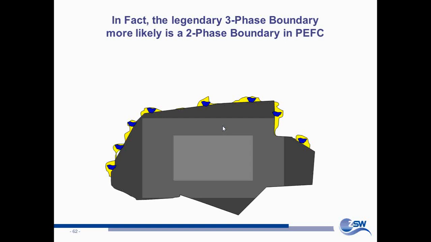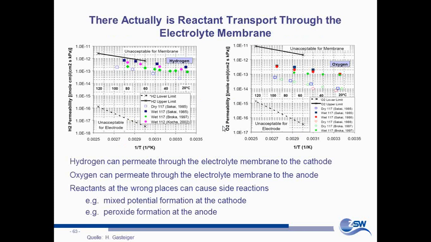And if we cover the catalyst particles by electrolyte, even if it's only 2 nanometers, and the electrolyte is too blocking for hydrogen and oxygen, we're shutting down our fuel cell, right? And so there are 2 limits to be observed in developing ionomers. One is, it must not be too transparent for hydrogen or oxygen. On the other hand, it must also not be too blocking for either. So too blocking is no good, and too transparent is also no good.